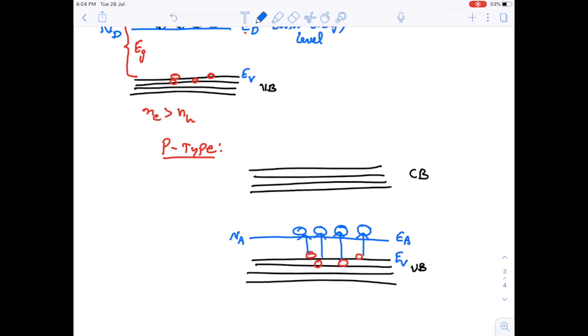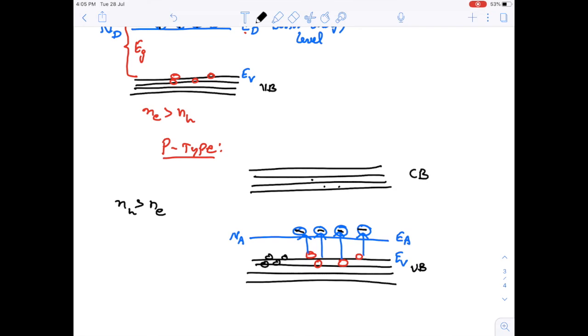So filled electrons from the valence band will reach the acceptor atoms because they accept, and therefore they become negative ions. So they accept and become negative ions, and holes are created. And due to thermal agitation also you have electrons and holes. So basically what is happening here, NH is greater than Ne.